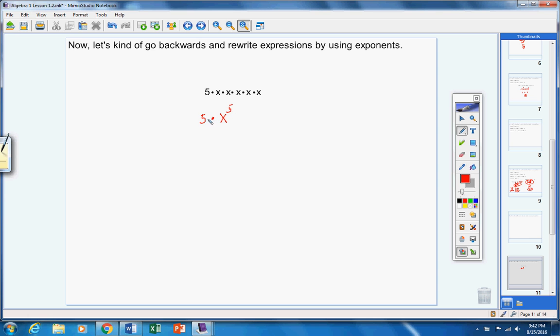And then, of course, 5 times x, we can just write those side by side. So there we go. 5x to the 5th power. Okay? Do you guys see that okay? We have 1 5 and 5 x's, so we can rewrite it like this. Okay? All right, let's try another one.